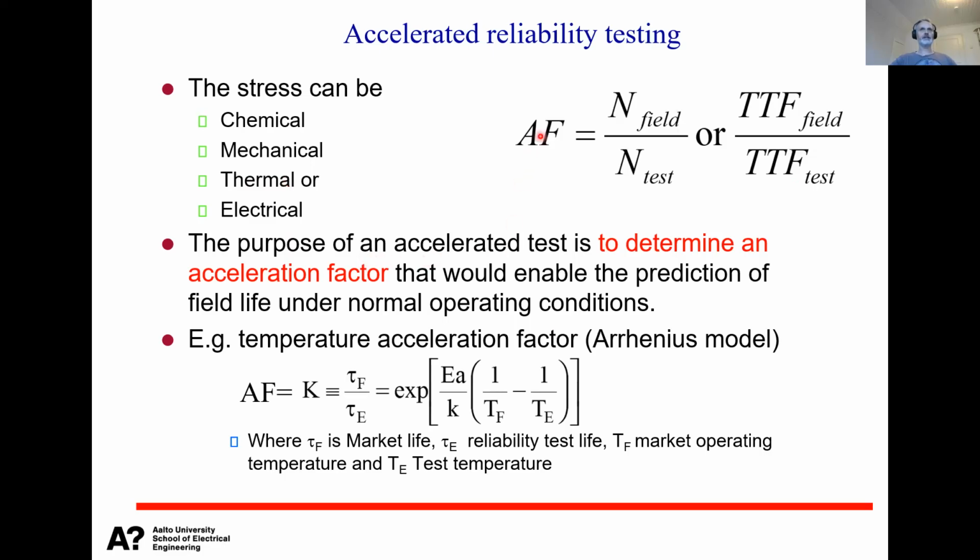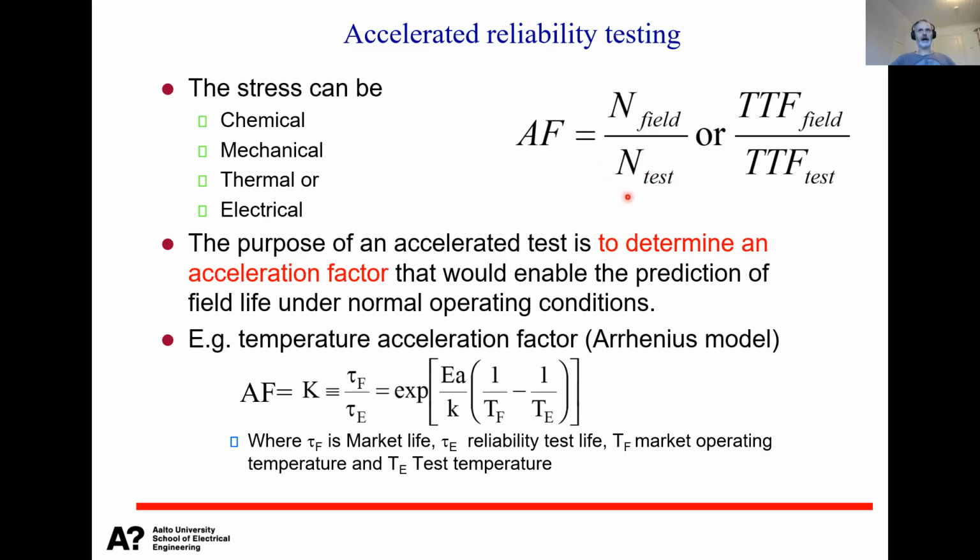So again, the acceleration factor is the ratio between the lifetime in the use conditions and test conditions. So basically, you can estimate the number of cycles. This N here just means number of cycles to failure in the field conditions. You have your number of cycles in the test conditions, and then you know this ratio.